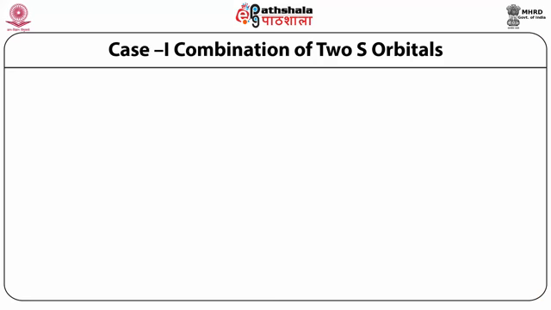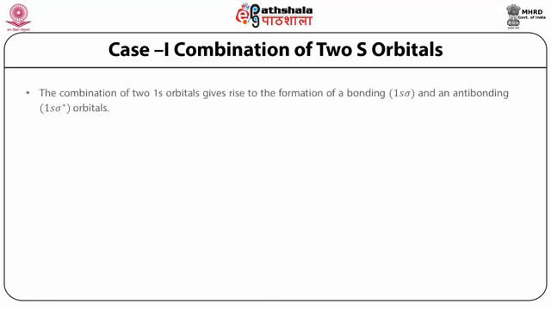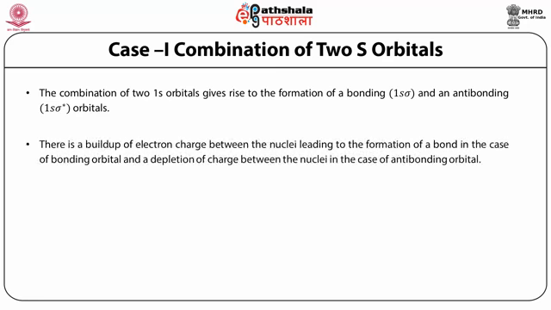Case 1, combination of two s orbitals. The combination of two 1s orbitals gives rise to the formation of a bonding 1s sigma and an anti-bonding 1s sigma star orbital. There is a buildup of electron charge between the nuclei leading to the formation of a bond in the case of the bonding orbital, and a depletion of charge between the nuclei in the case of the anti-bonding orbital.